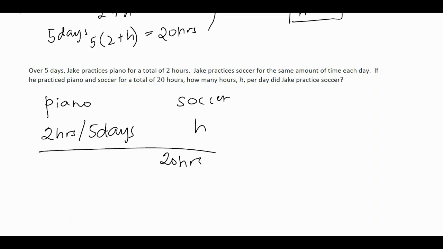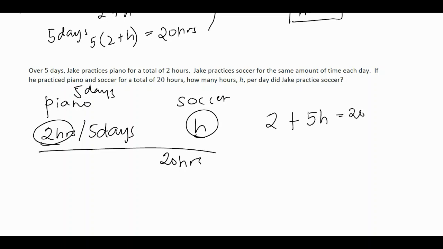So for this one, it's going to be 2 hours for the piano over the 5 days, plus 5 days for the soccer, wherein it should be the same every single day. So we represent that as 5h immediately, and the total is 20. So 2 plus 5h equals 20. We cannot combine that, so we subtract using SPE.